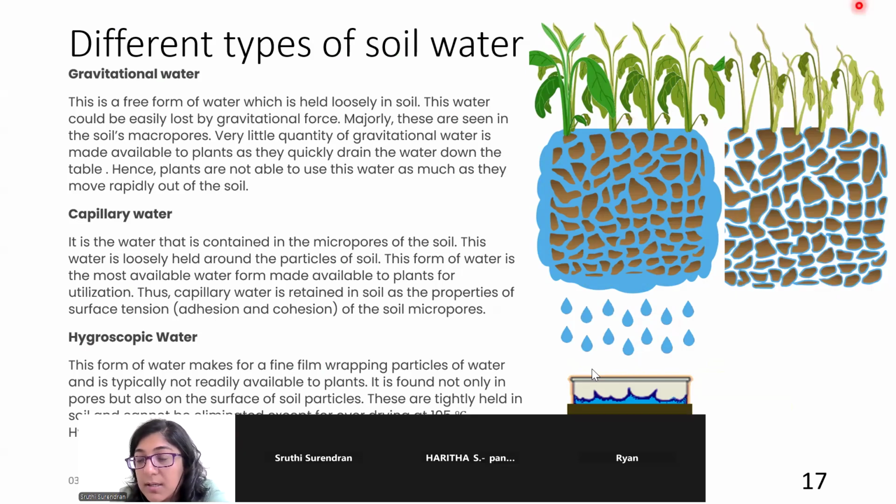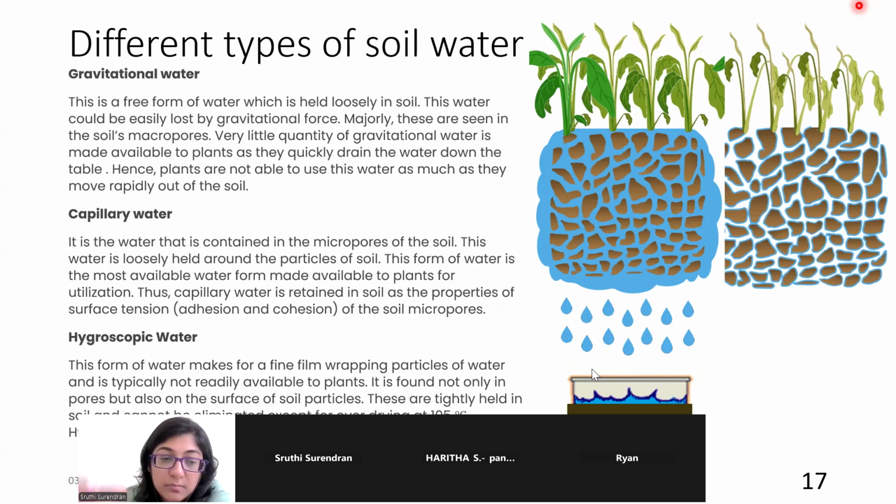This capillary water is existing not only by the intermolecular force or attraction that holds the water in the pore spaces, but it is also existing as a result of the capillary action, which I don't think I need to explain.